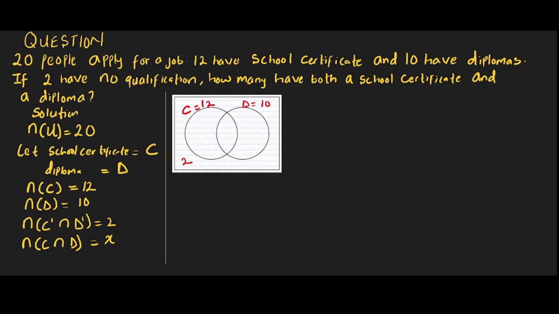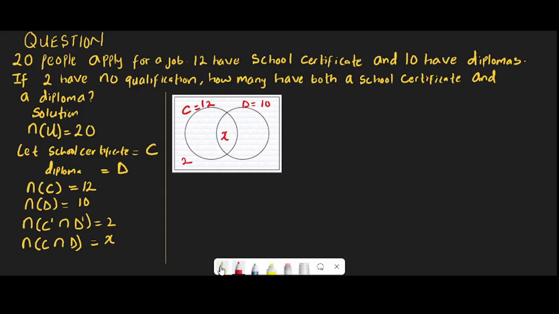That is 2. Now we have school certificate intersection diploma. That's what the question asks us to calculate. It's not given, so let's represent that with X. So here is going to be X. Now, how do we solve for X?